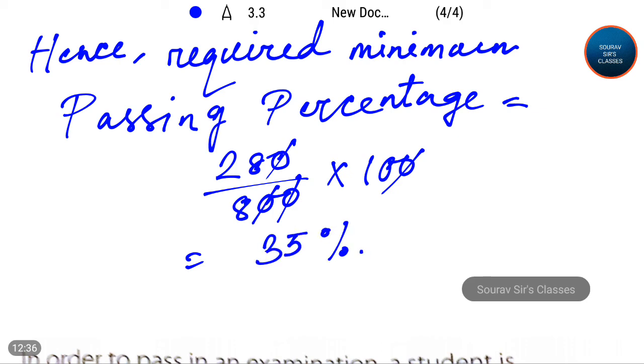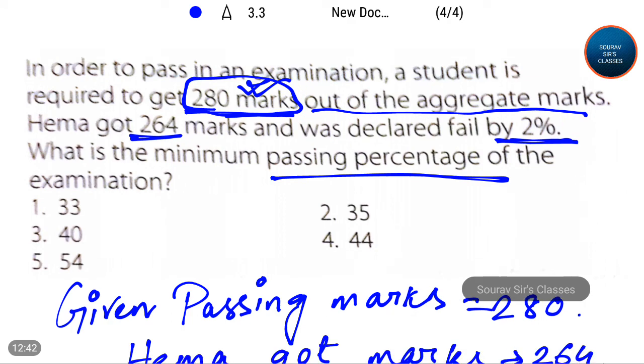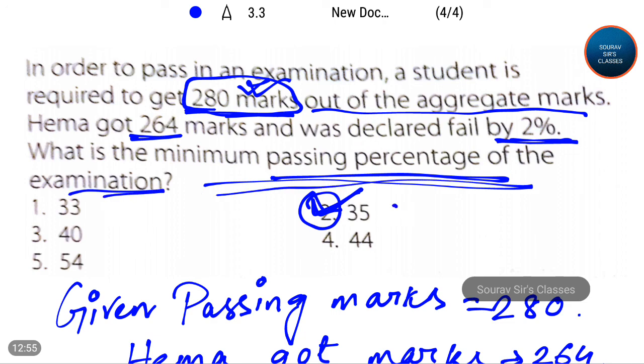So the required minimum passing percentage here is 35%. So here option 2, that is 35, is the correct answer. So the minimum passing percentage of the examination is 35, and this is the answer.